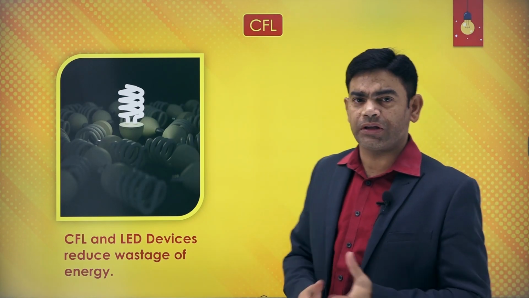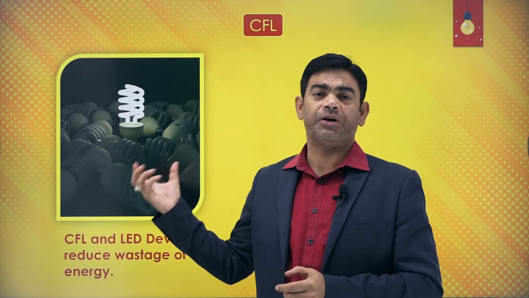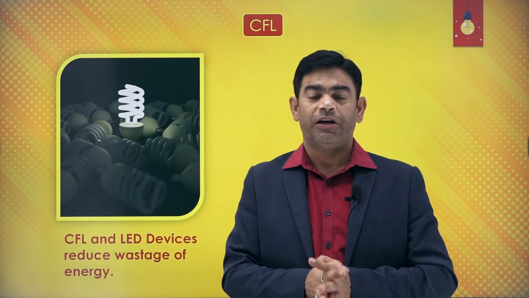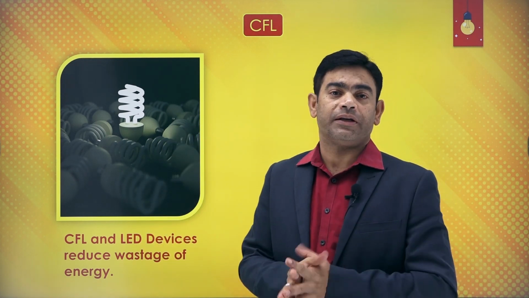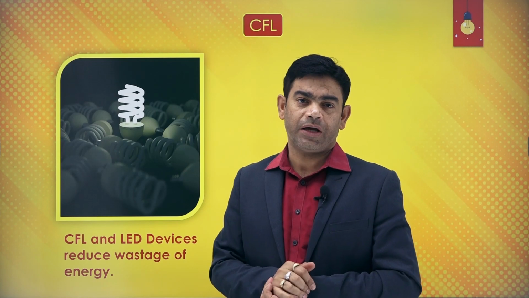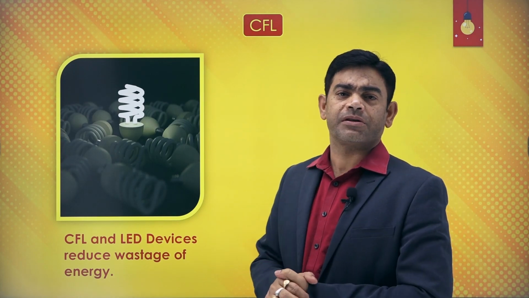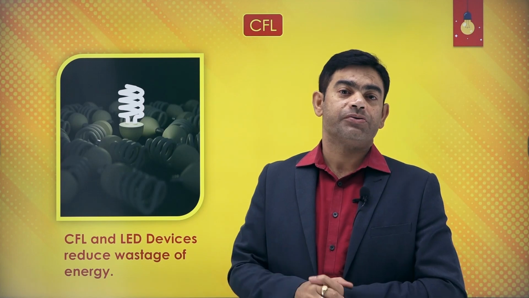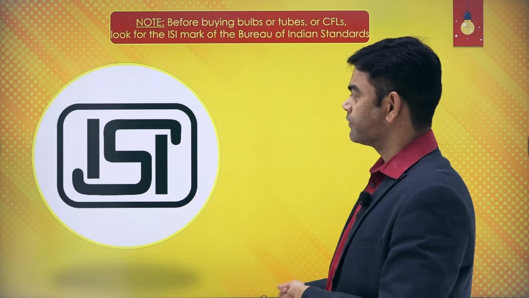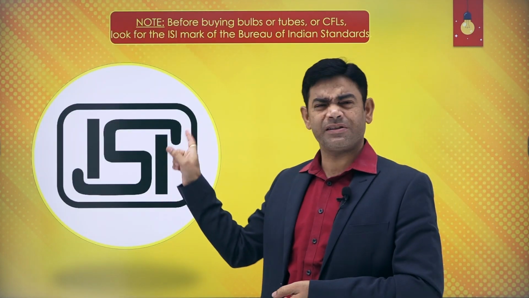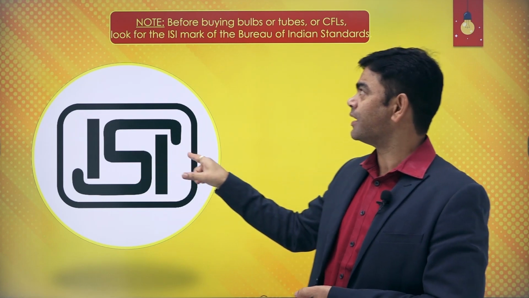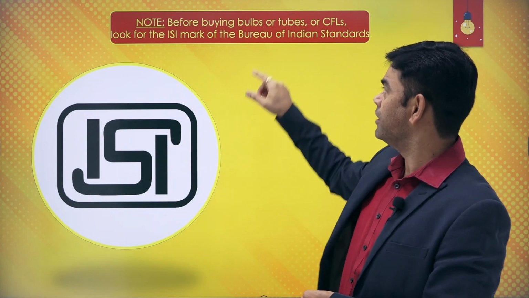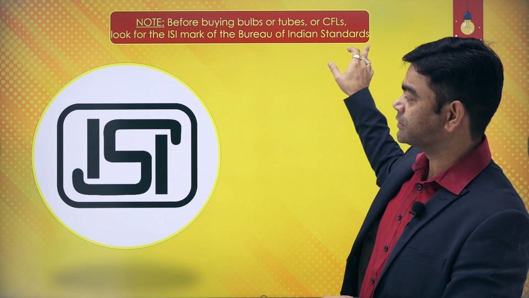One more thing: whenever we purchase electric devices, we should use good quality products. Our government has given standard marks, standard logos, to those companies which produce a good product. Most of them, you must have seen this mark, ISI, given by the Bureau of Indian Standards.